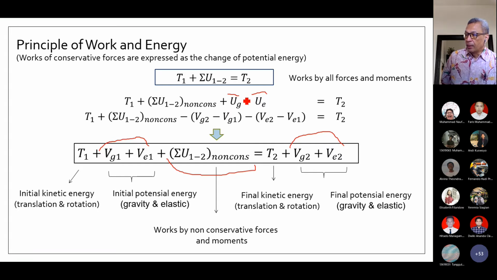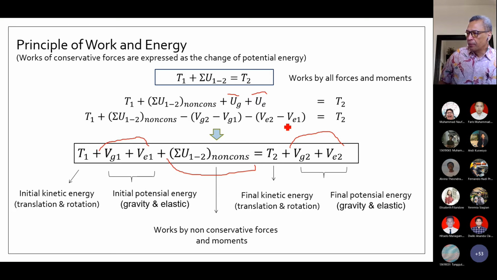And as we see previously, the work done by the gravitational force can be stated as the difference of the potential gravity energy, and the work done by the spring force can be stated by the difference of the spring potential energy.